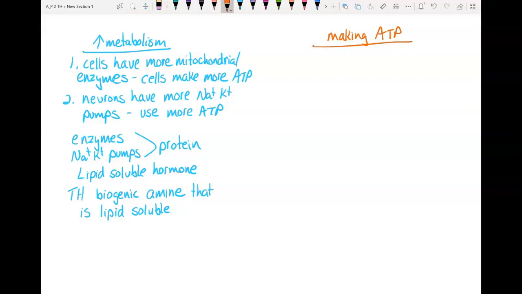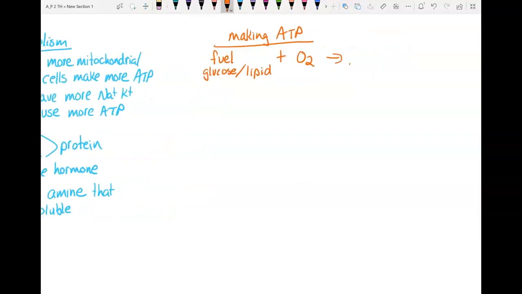So remember, to make ATP, you need fuel, such as glucose or lipid, plus oxygen, and you get ATP. So if we're telling cells to make more ATP, we need to provide the glucose, lipid, and oxygen that cells will need to do that.